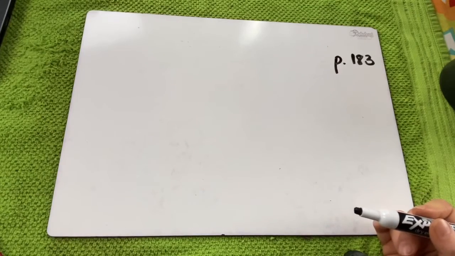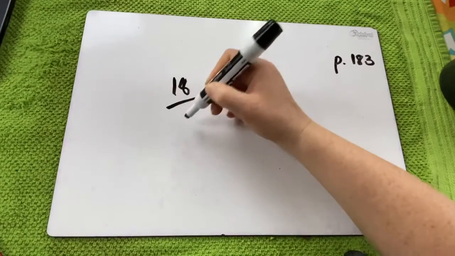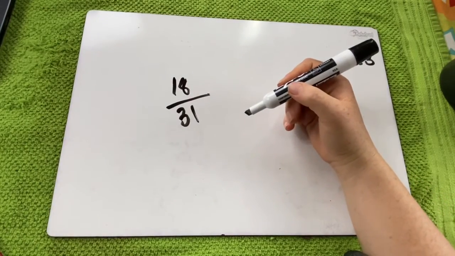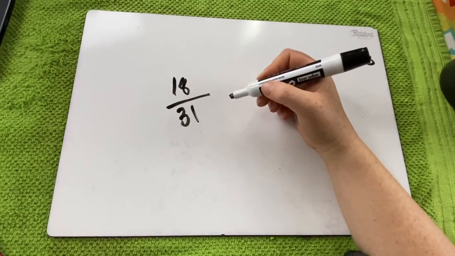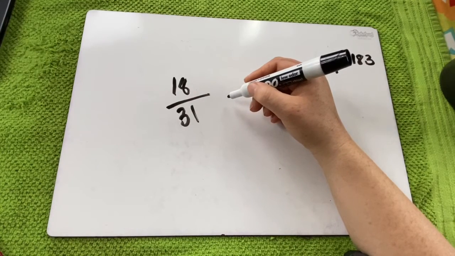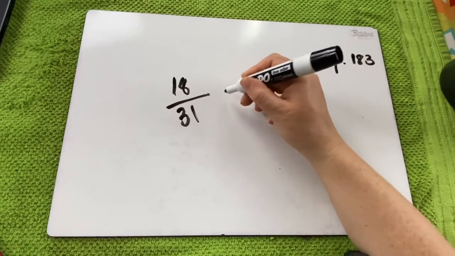You took a survey of your class and found that 18 out of 31 students have a pet at home. Explain your results and make a prediction for the 1746 students in your school. Okay.